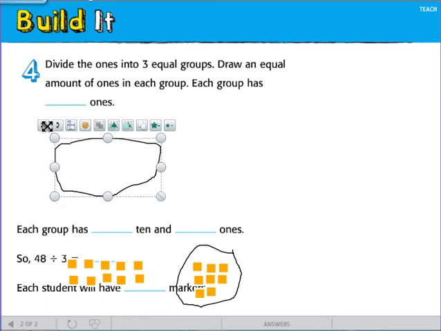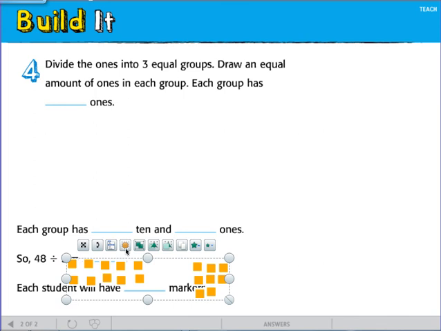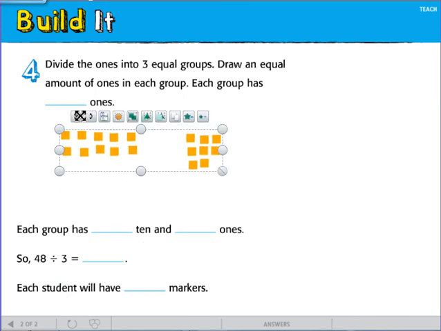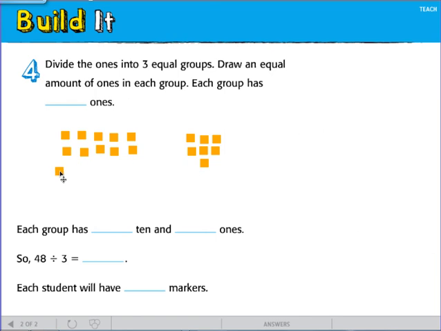So, we can get rid of that because we don't want that circle. And then we can take all of these, move them up here, and it says we want to divide them into 3 equal groups, right? So what I'm going to do is stack them 3 tall. So each one of my rows will be my group.